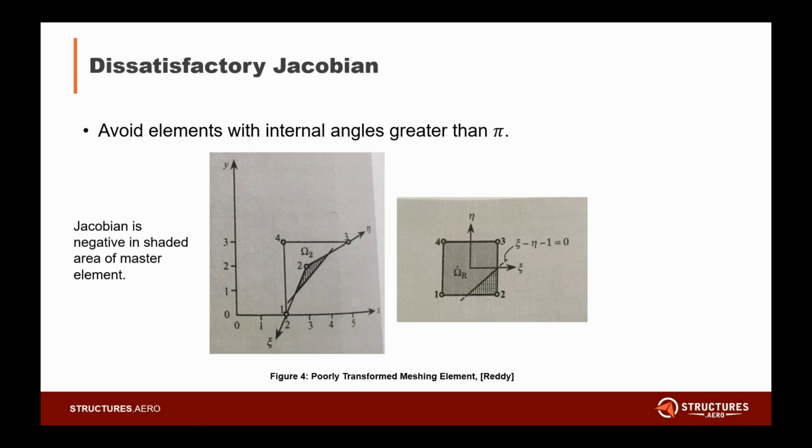Here's a visual illustration depicting an element that would have a very unsatisfactory Jacobian. You can see on the left there's an element that has an internal angle of greater than pi. You can see in the figure that these elements are generally avoided in any finite element analysis.